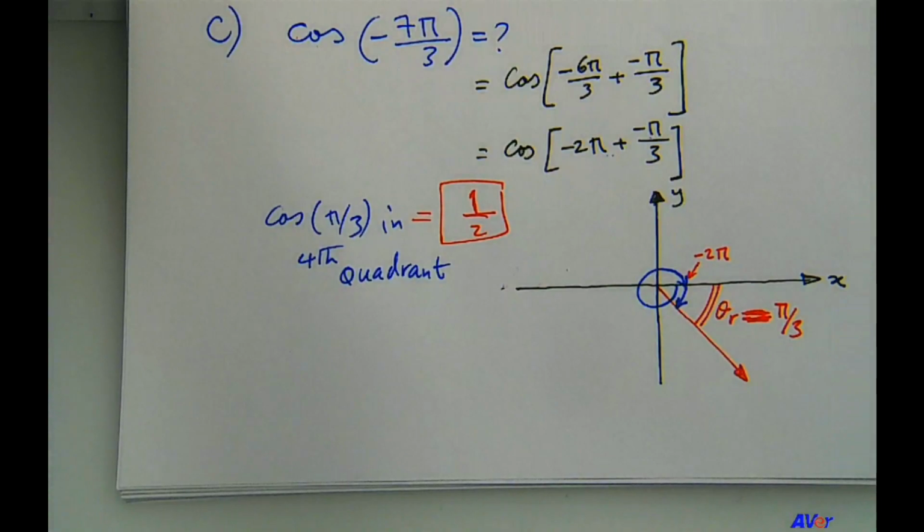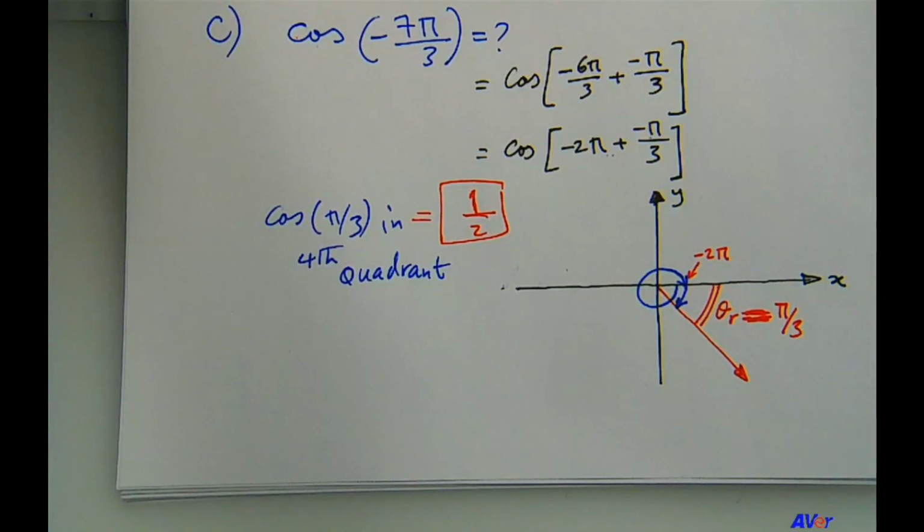Okay, in addition to the trigonometric formulas we've learned so far, I'm talking about sine of x is equal to y over hypotenuse, or opposite over hypotenuse. Cosine is adjacent over hypotenuse. Tangent is sine over cosine.